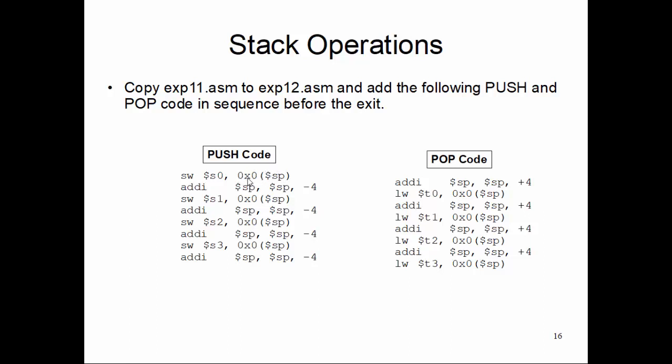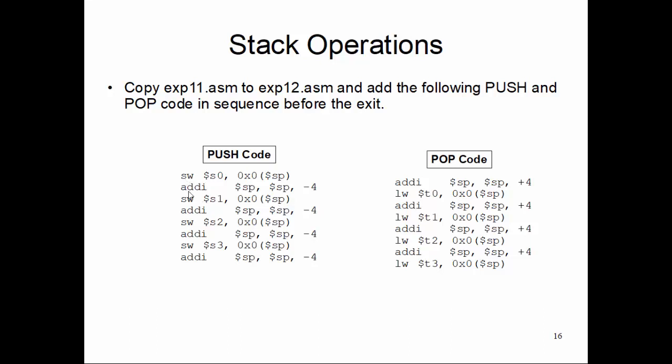It's always like that. You use a 0 offset and store certain values, and then move down the stack pointer. So we are doing an addi of sp, which is sp equals sp minus 4. We are moving down by 4 bytes, and then doing another store word pointed to by the stack pointer. So these two together are a push.